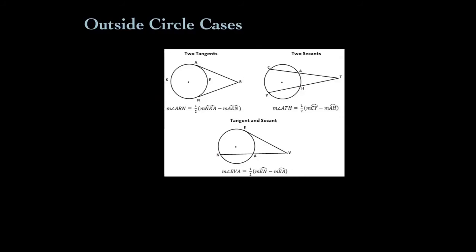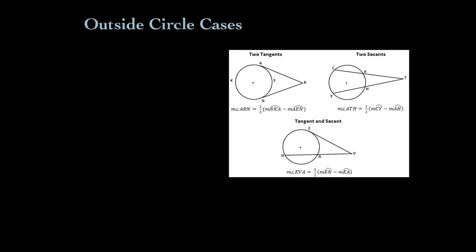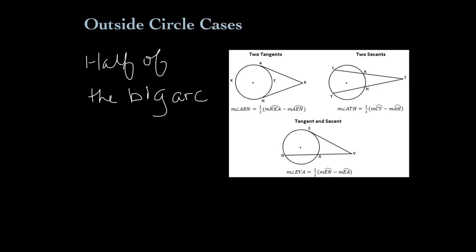If we are outside the circle, there are 3 cases, but luckily they all get solved the same way. Let me actually scoot this over for a minute. Just to sum it up, you're going to take half of the big arc minus the small arc.